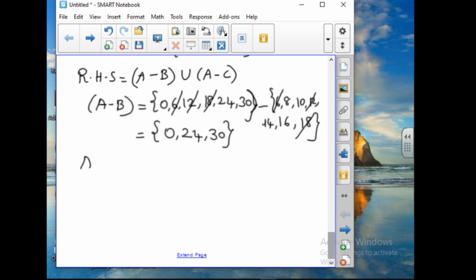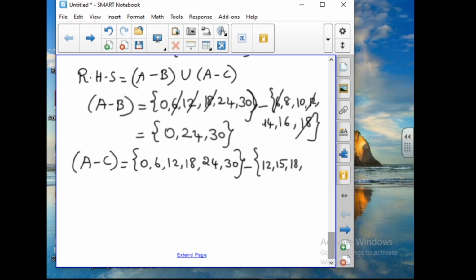Next we have to find A difference C. So A set is 0, 6, 12, 18, 24 and 30. From this you have to subtract the C set. C set is 12, 15, 18, 21, 24, 27.